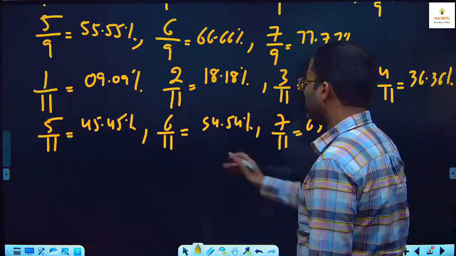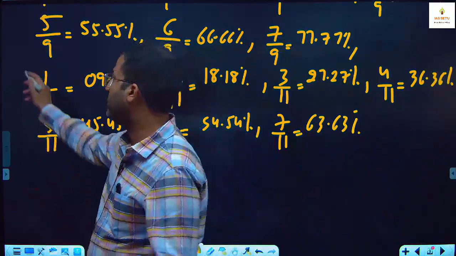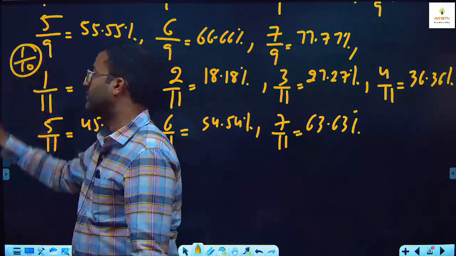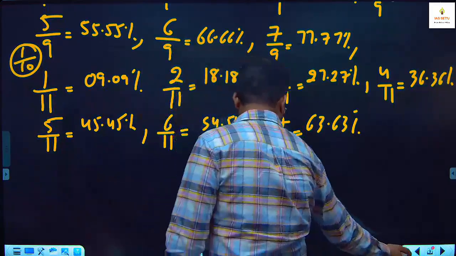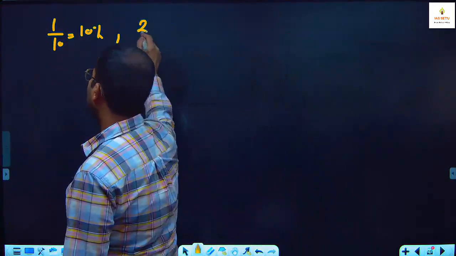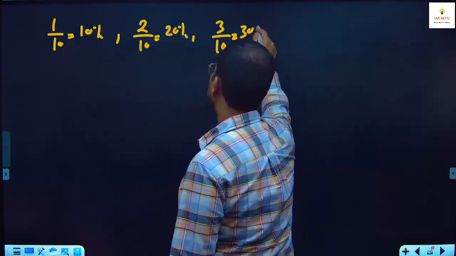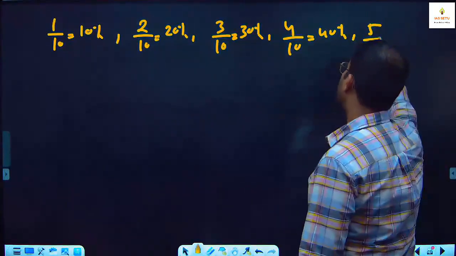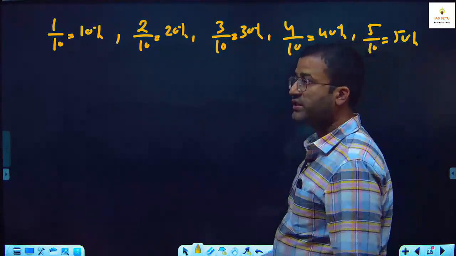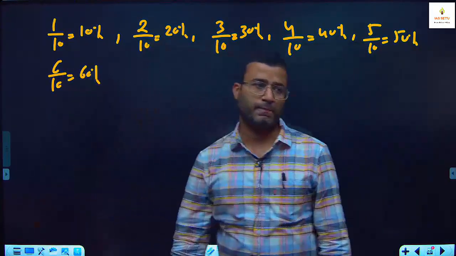Now here we come to 1/9, 1/11. Okay. I left one value, 1/10, in between, the reciprocal I left. What is 1/10? 10%. 2/10 20%, 3/10 30%, 4/10 40%, 5/10 50%, 6/10 60%, and so on.